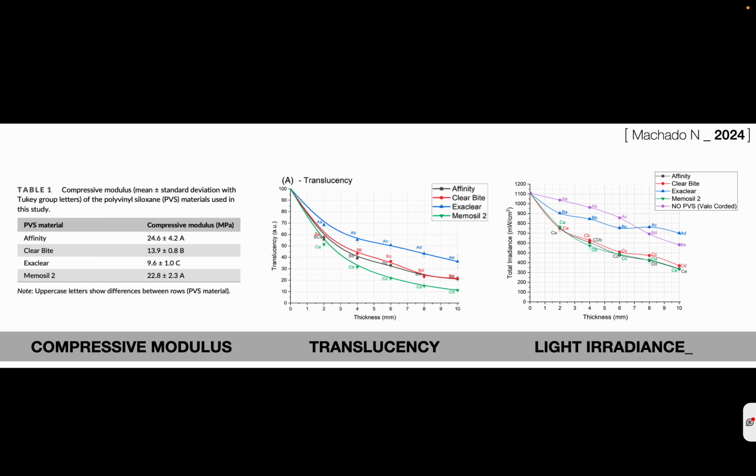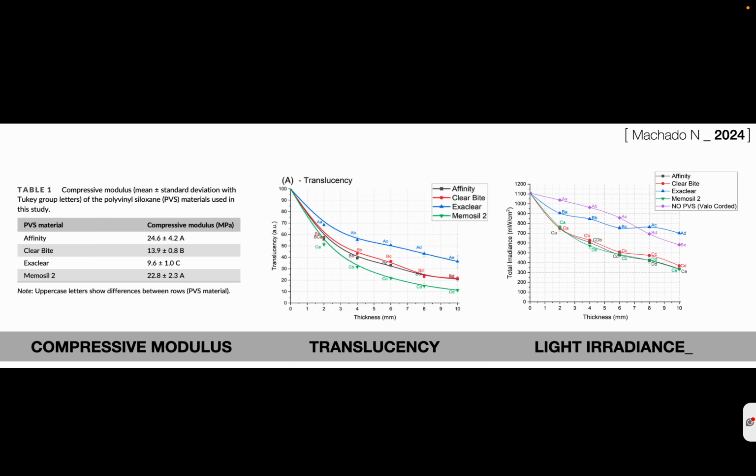The important thing that we can obtain from this article is that the most translucent silicon is not always the best one. Exoclear is like the gold standard in terms of translucency and light irradiance. Why? Because it's super clear. But what does it mean?